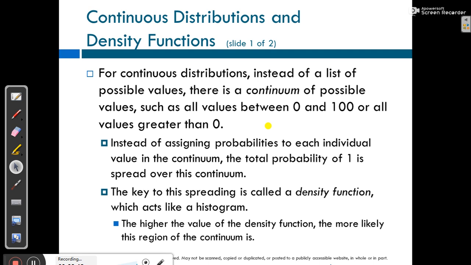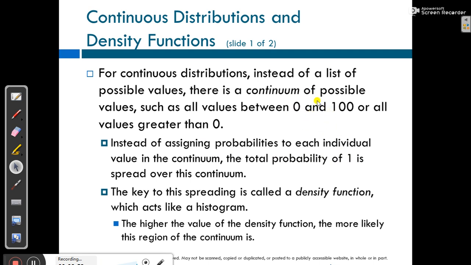So instead of assigning a probability to each individual value in the continuum, the total probability of one is spread over the continuum. We know that probability 1 means total probability, so that probability of 1 will be spread over whatever range we take.